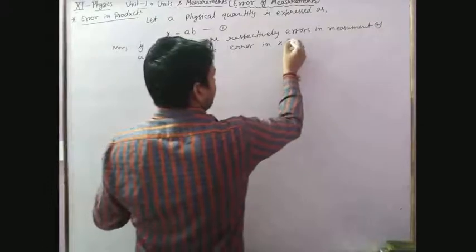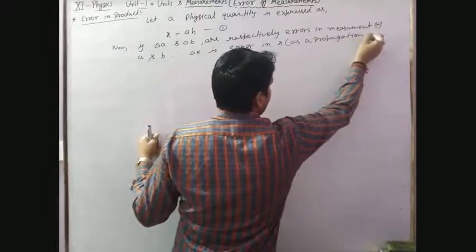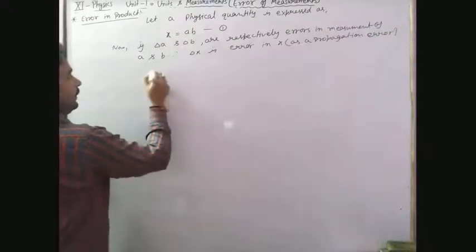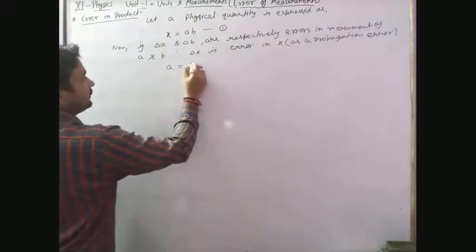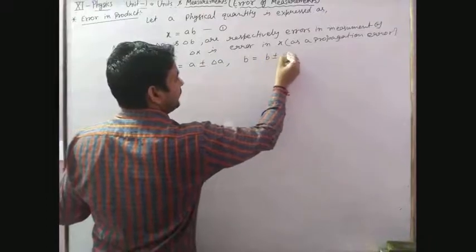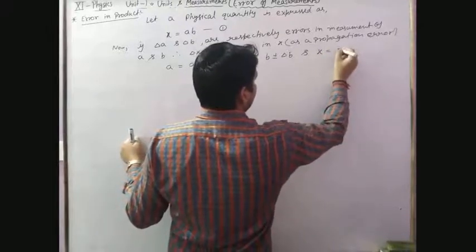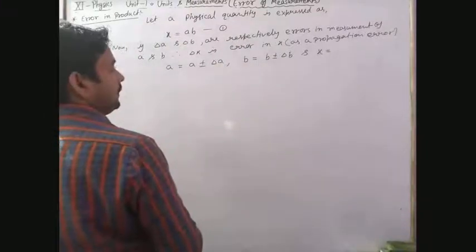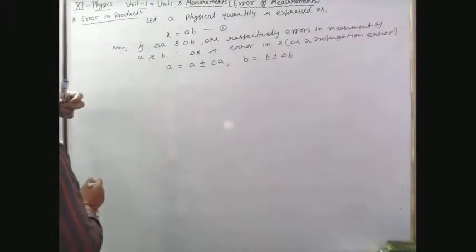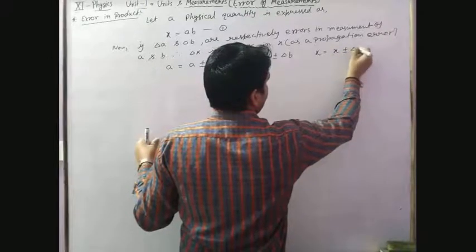Okay, as a propagation error. Now therefore a can be written as a plus minus del a, b can be written as b plus minus del b, therefore x can be calculated as x plus minus del x.